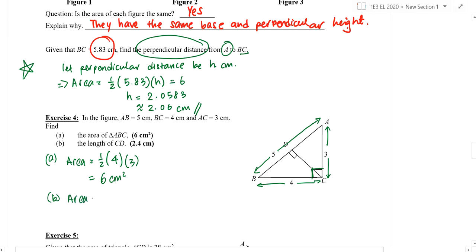Area equals half times AB, which is 5, times its perpendicular height, in this case DC, or as the question called it, CD. Half times 5 times the perpendicular height of CD, this has to be equal to 6. So we are able to solve for CD to be equal to 12 divided by 5, 2.4 cm.